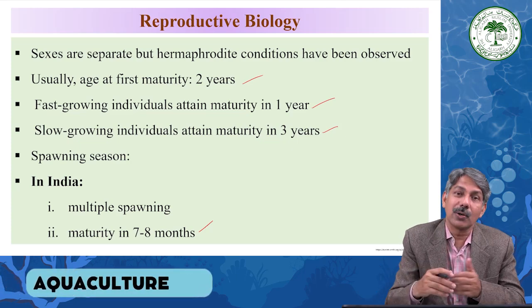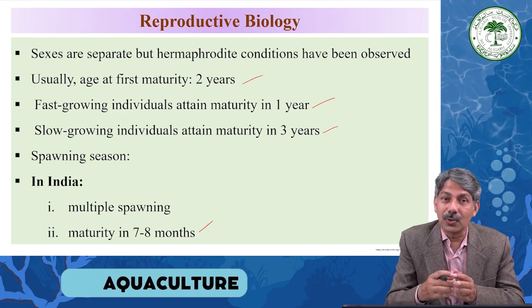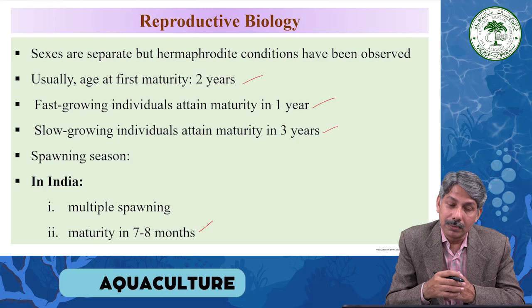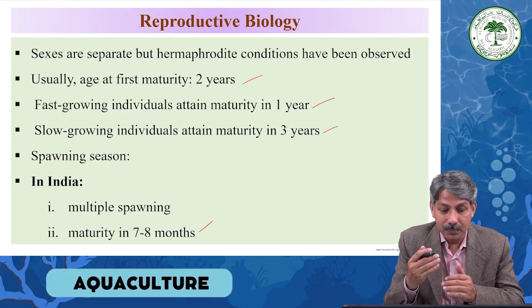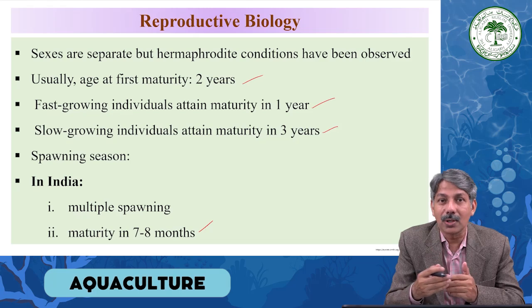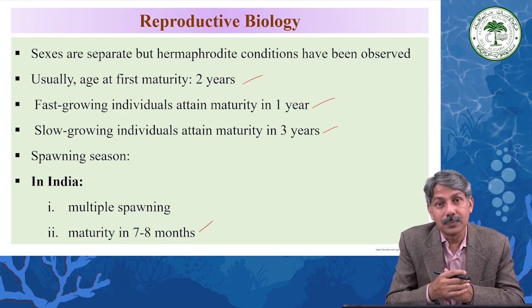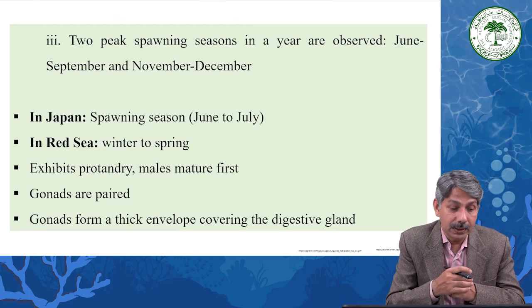So first you will have to ensure that the animal which you are selecting for breeding is mature, whether it is 2 years of age, or less than 2 years, or more than 2 years. The maturity condition has to be checked before proceeding further.